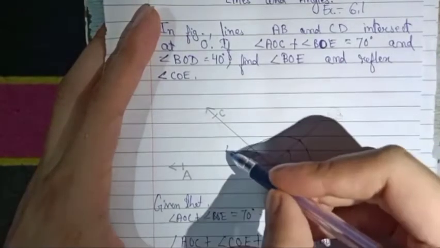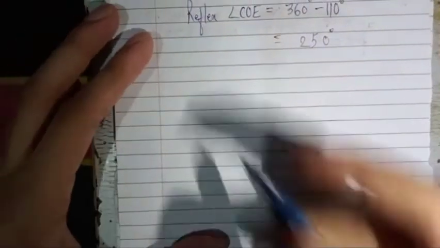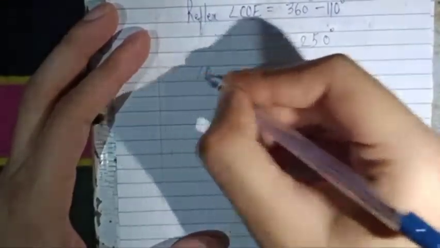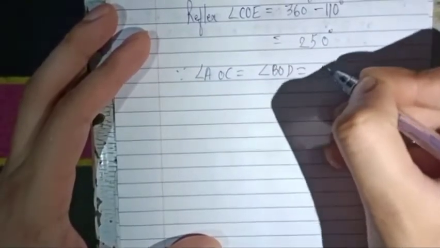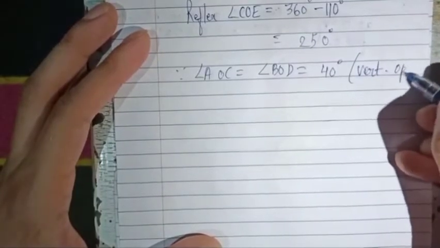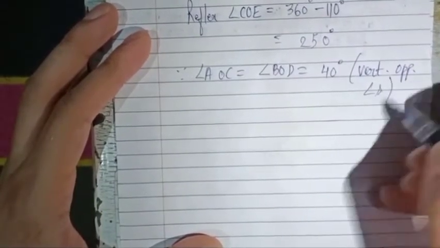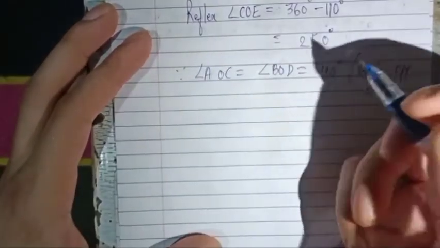Their measurement should be the same, that is 40 degrees. So AOC must be 40 degrees. We will write that angle AOC is equal to angle BOD equal to 40 degrees, the reason being vertically opposite angles, so their measurements are the same.